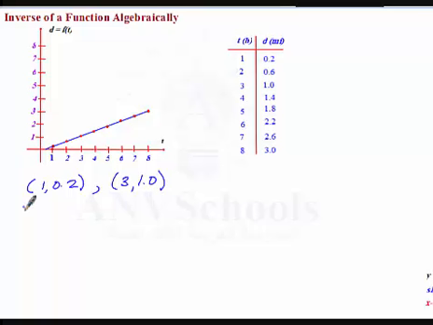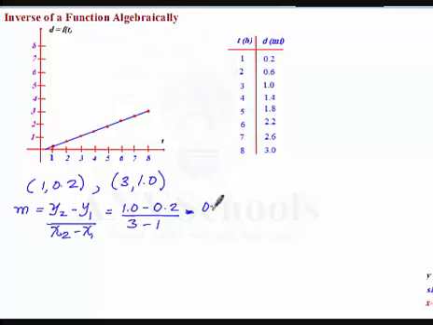So first we have to get the slope. How do we get the slope? Our slope is equal to y2 minus y1, it's the formula for slope of a certain line, over x2 minus x1. So the slope would be 1.0 minus 0.2 all over 3 minus 1.